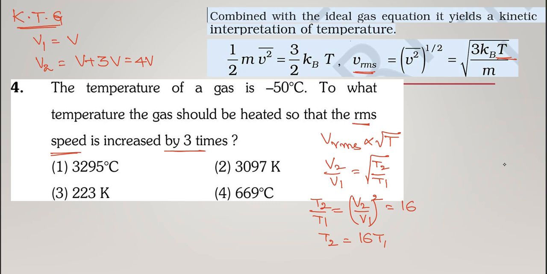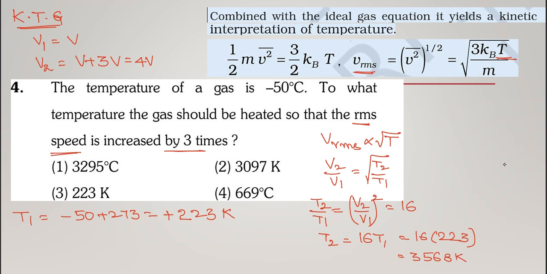But don't forget, here we have to convert degree centigrade to Kelvin. Minus 50 plus 273 will be plus 223 Kelvin. So this will be equal to 16 into 223, that will be 3568 Kelvin.